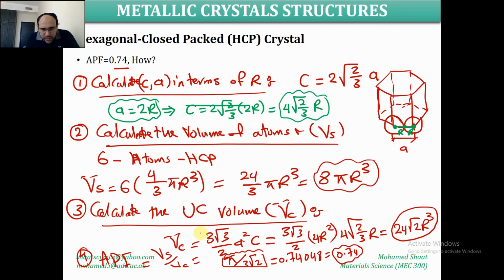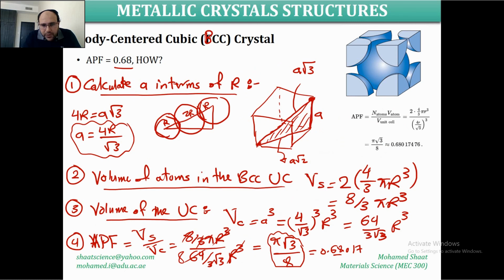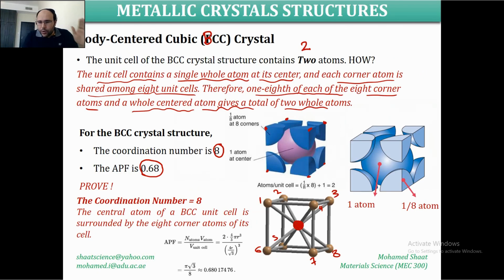Why? Because of this number. Here we got the atomic packing factor as pi divided by 3 square root of 2. If you compare this value to the value we got before for the FCC, we got the same fraction, pi over 3 square root of 2. It means that the atomic packing factor for HCP and FCC have the same exact value, pi over 3 square root of 2, for both of them.